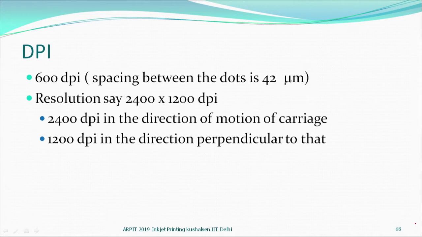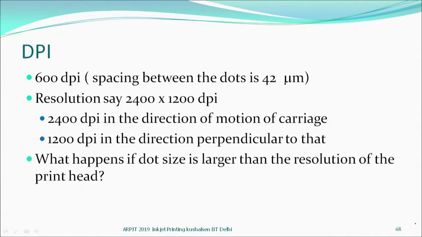So, the fabric is moving in one direction, the carriage is moving perpendicular to that. So, the carriage moves in this way, the fabric moves this way, all right. They can be similar, they could be different. This would obviously be dependent on the design of the print head and of course, supporting software.